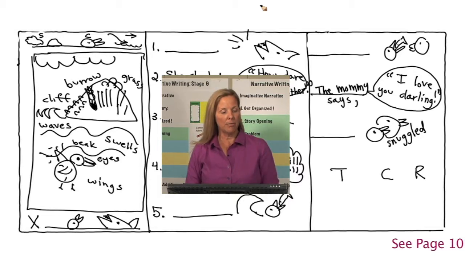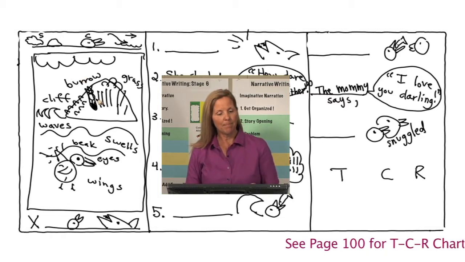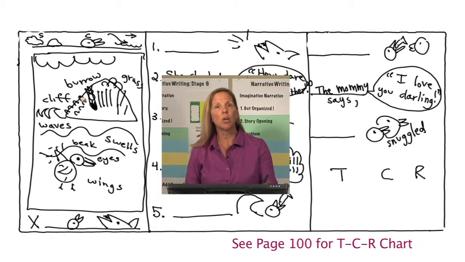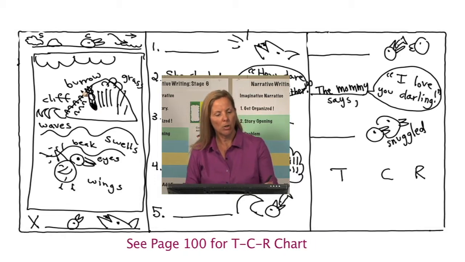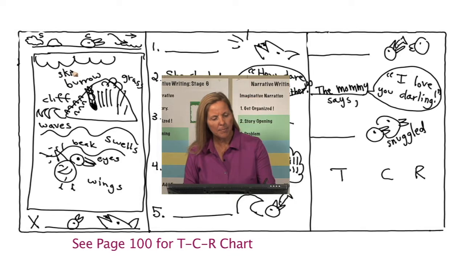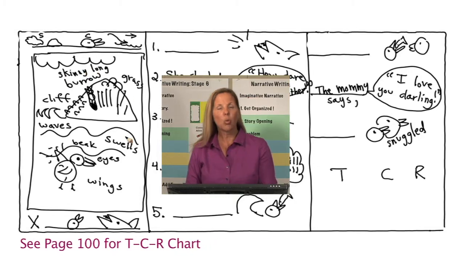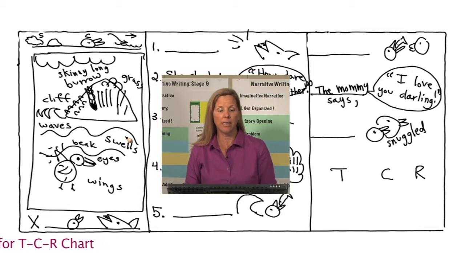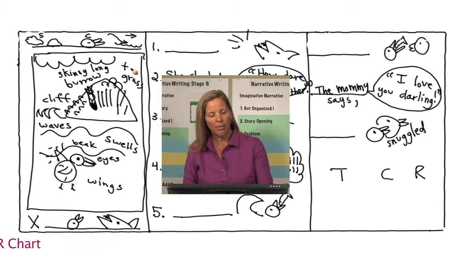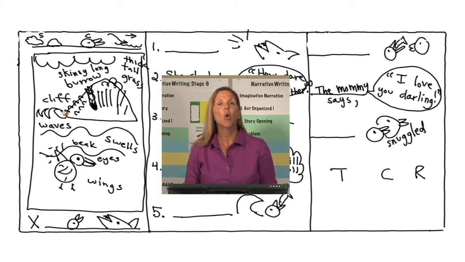Let's add our adjectives. What kind of burrow would this little puffling be in? A long burrow, a dark long burrow, a skinny long burrow. Ooh, let's write skinny, long. The grass, what kind of grass would be on this uninhabited island? Tall, thick. Cliff, what kind of cliff is on this island? Jagged.